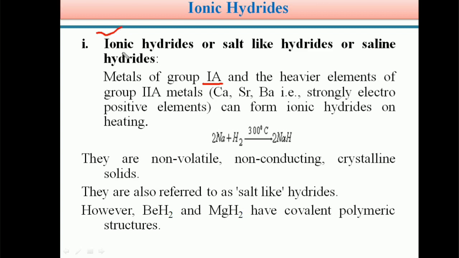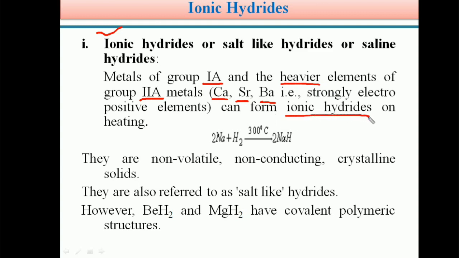Also, whenever hydrogen combines with the heavier elements of group 2A metals like calcium, strontium, barium, it forms ionic hydrides. Ionic hydrides are formed on heating.